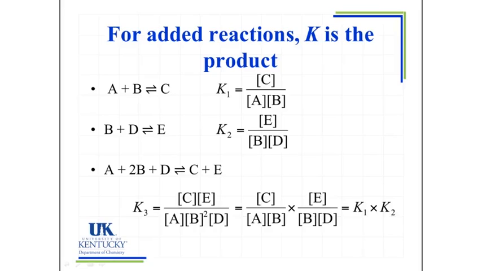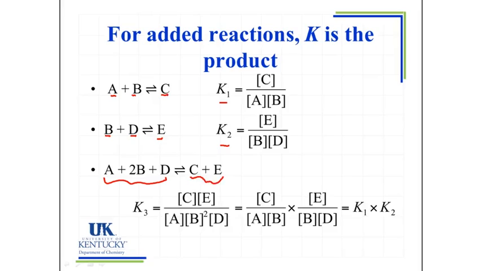When we add reactions, we have to take the product of those two K values. So if I take A plus B yields C, I can write my law of mass action, so my K1 value there. When I look at B plus D yields E, I can write K2, so E over B and D. Now if I add those two reactions, I end up with A plus 2B plus D as my reactant side, and end up with C and E on my product side.